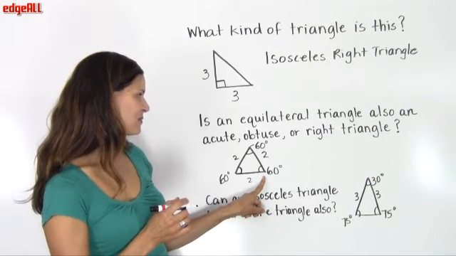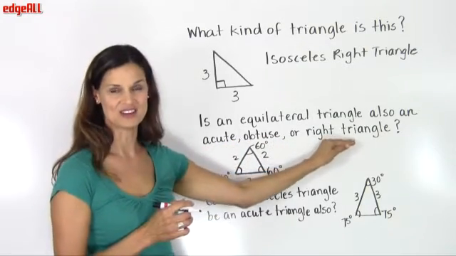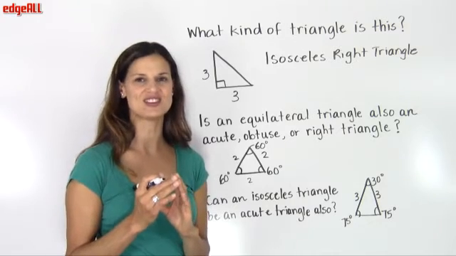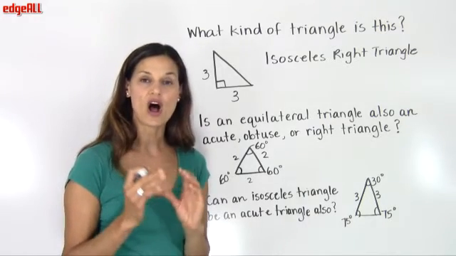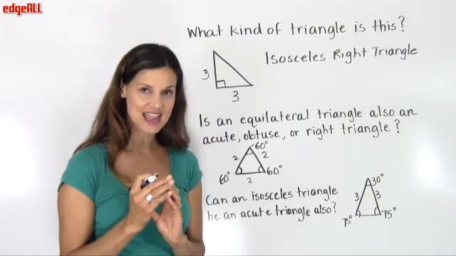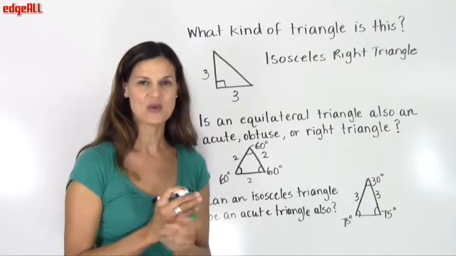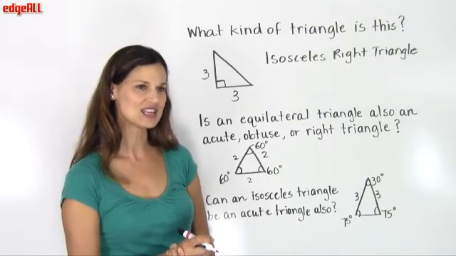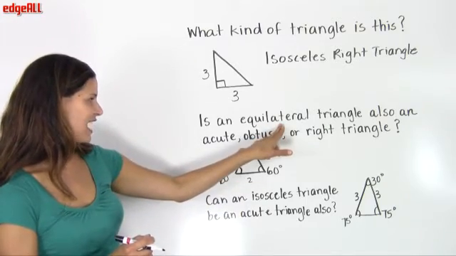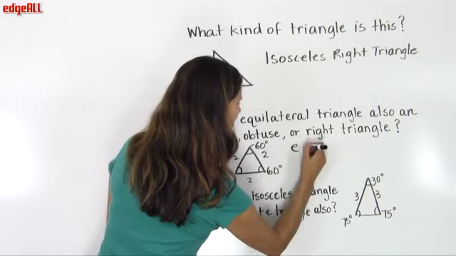Now, if you remember the definition of acute, obtuse, or right triangles, all having to do with the interior angles of the triangle, when all 3 of the angles inside of a triangle are less than 90 degrees in measurement, we call this an acute triangle. So an equilateral triangle is also an acute triangle.